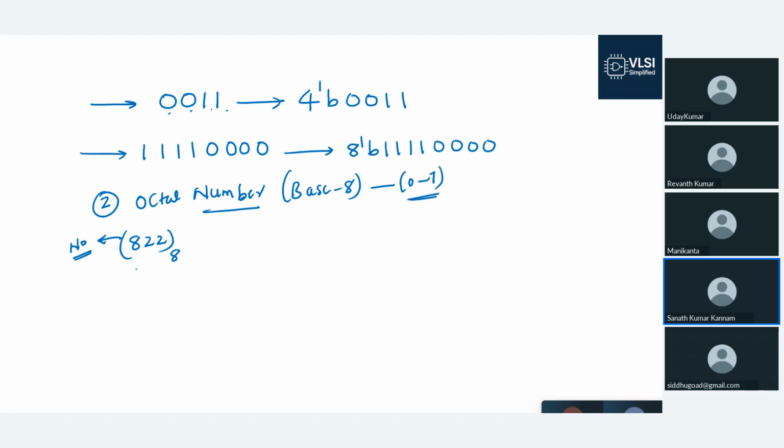Intentionally he may give digits like 9, 7, 8 as an octal number, which is invalid octal. If you represent this in Verilog, the interviewer will understand that you don't know octal representation. You need to be strong in digital to understand Verilog. Remember, the range is 0 to 7 only.